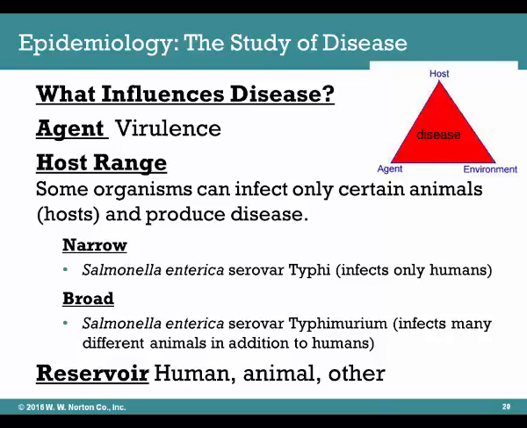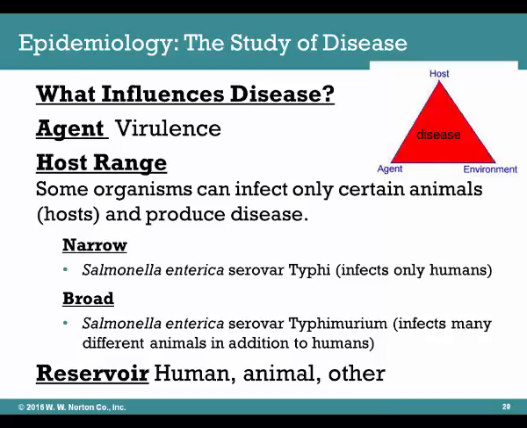Epidemiologists rely on the information that microbiologists provide about an agent, a pathogen, in order to make recommendations for public health policy and for treatment of infections and infectious diseases. We already talked about the agent being a pathogen that has virulence that can be measured and is an inherently genetic trait of that microorganism.